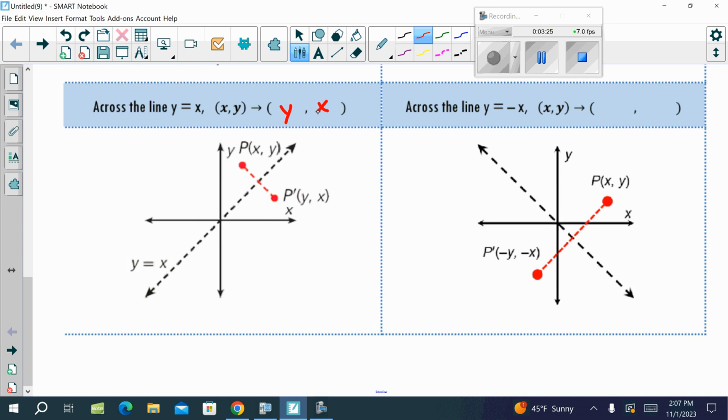So you flip your x and y. Okay, if we reflect across a negative diagonal, so y equals negative x, then we're going to flip our x and y, and we're also going to do their opposites. So we're going to make them negative. So once again, you have to memorize those rules.